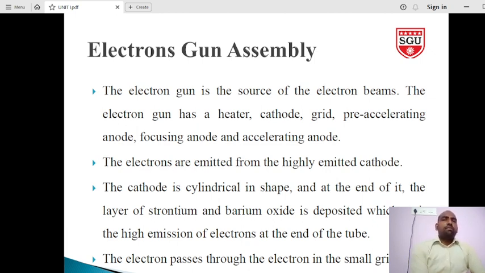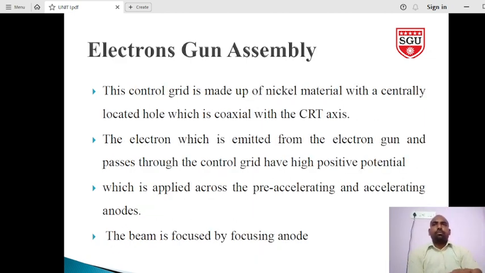The electrons are emitted from the highly emissive cathode. The cathode is cylindrical in shape, and at its end a layer of strontium and barium oxide is deposited to give high emission of electrons. The electrons pass through the small grid. The control grid is made of nickel, with a centrally located hole which is coaxial with the CRT axis.